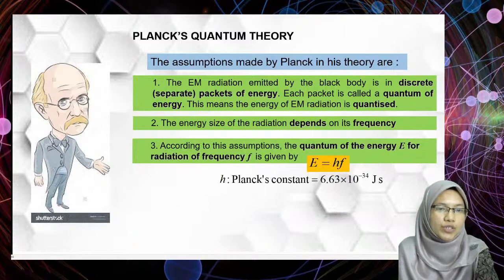According to this assumption, the quantum of energy is given by E equals hf, where h is Planck's constant, 6.63 times 10 to the power of negative 34 joule second, and f stands for frequency.